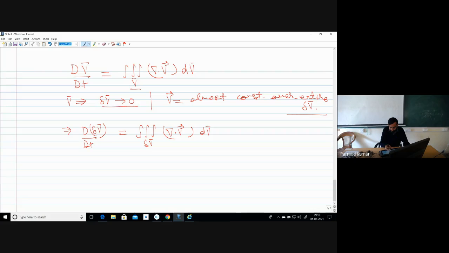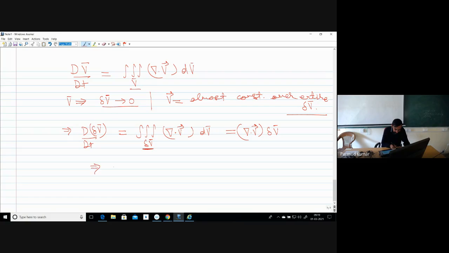As the velocity field becomes almost constant over the entire element, I can take this divergence of the velocity field outside the integration. Inside I will have the integration of dv, done over delta V bar, so inside I find delta V bar as my integral.